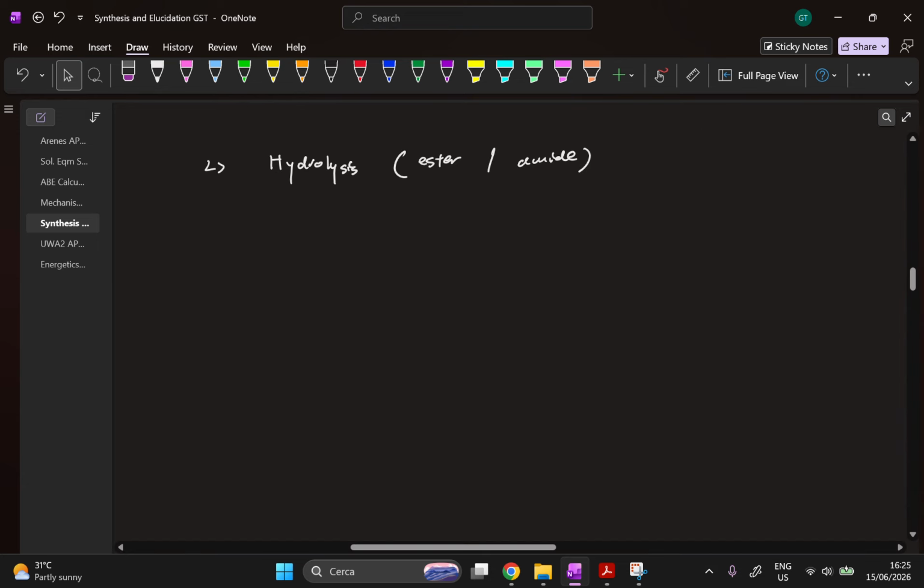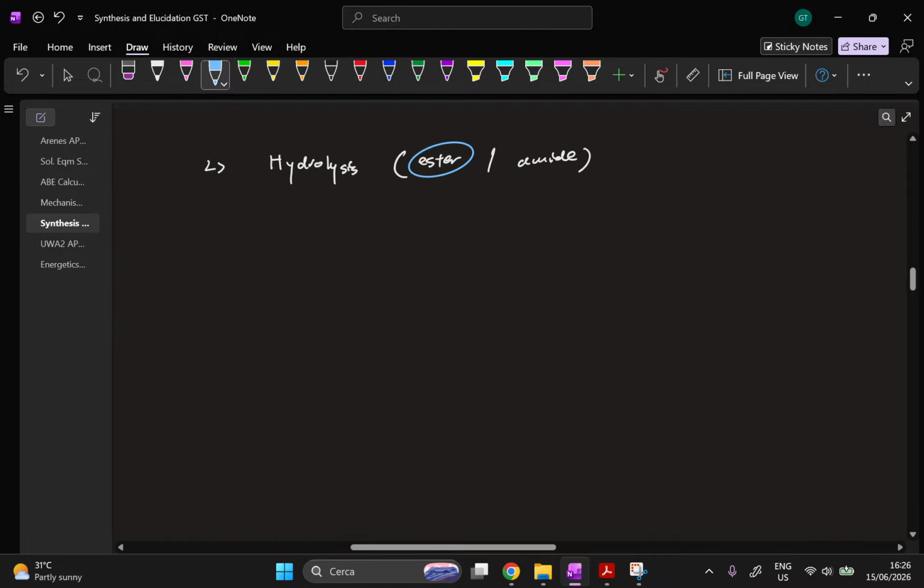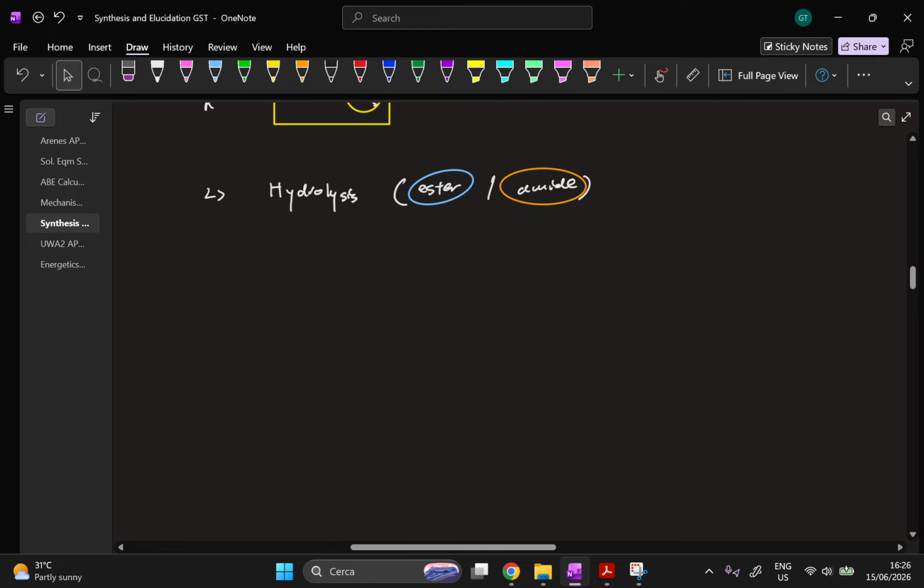So how's that going to look? If I have, for example, so I'm going to look at the hydrolysis of an ester first, okay? Let us put this in blue. Let us put this in orange. So for both, I can either have acidic hydrolysis or I can have basic hydrolysis.